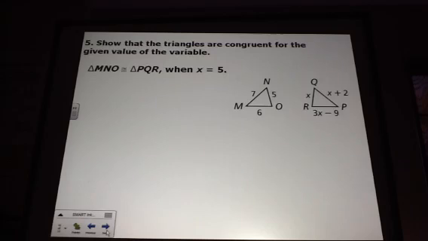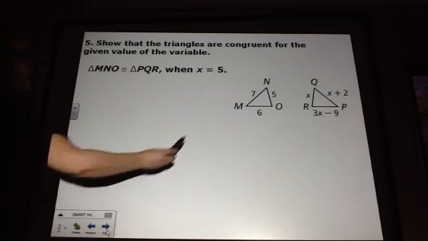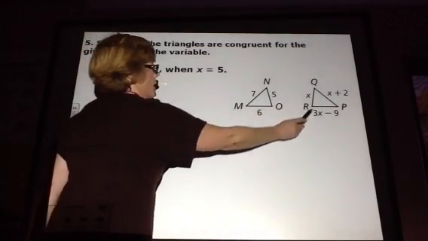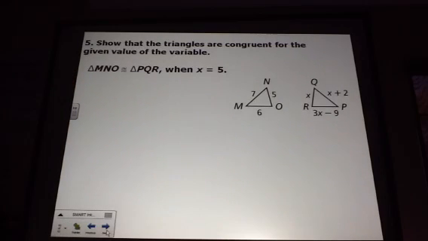Show that the triangles are congruent for the given value of the variable. Okay, we've got our congruency statement. And we've got three side measurements. So these triangles are congruent because of side, side, side.